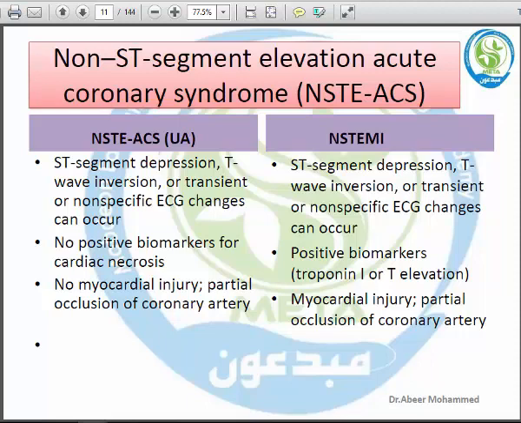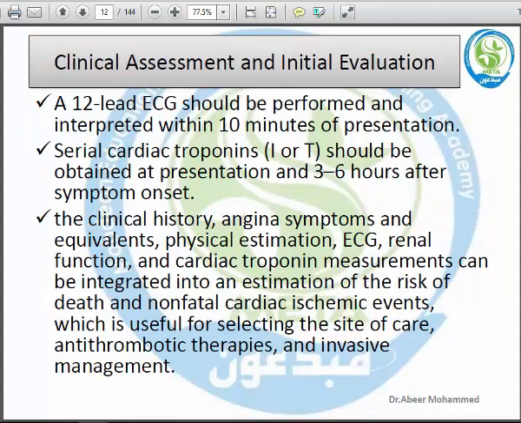Okay. طيب أول ما يصل العيان to emergency department what we should do to diagnose him or treat him. First of all, قلنا ال ECG is a basic step we should do to assess العيان or to diagnose العيان.